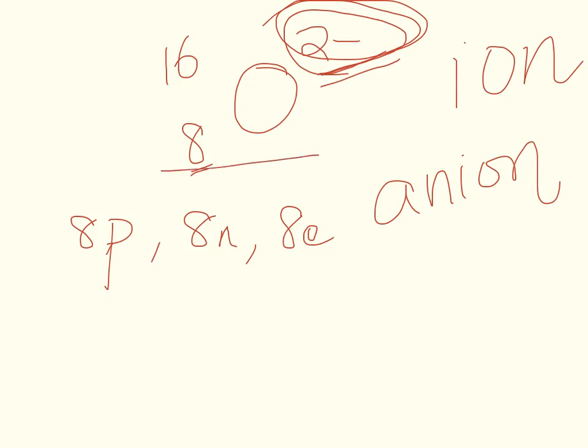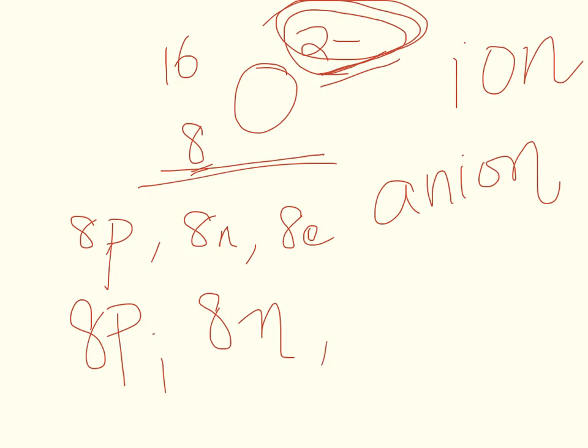So for this species, the total number of protons is 8 because we did not tamper with protons. The total number of neutrons is 8 because we didn't touch that as well. But remember, we added 2 negatively charged particles. That means compared to the neutral atom, there are 2 more electrons. So there are 10 electrons in this species.